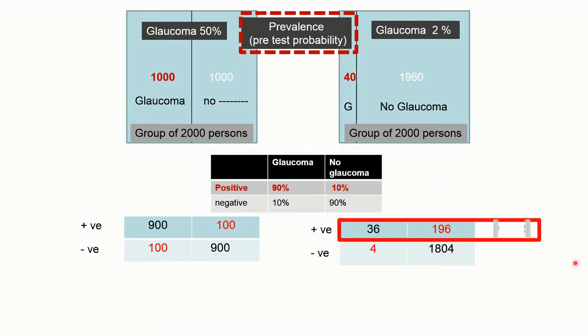So we are going to have a total of positive results of glaucoma in 232 persons. 36 of them are real glaucoma and the remaining are normal persons. So 15% of the positive results here are real glaucoma and 85% are normal persons wrongly diagnosed to have glaucoma.